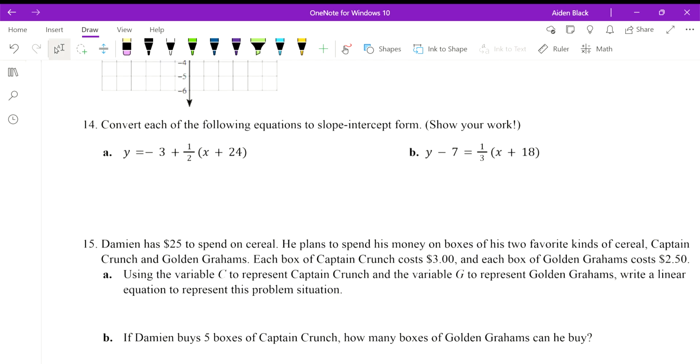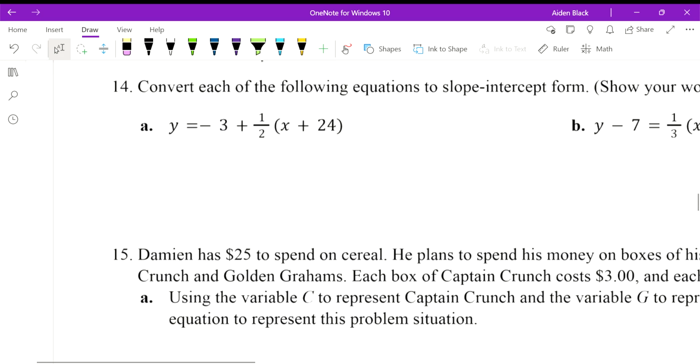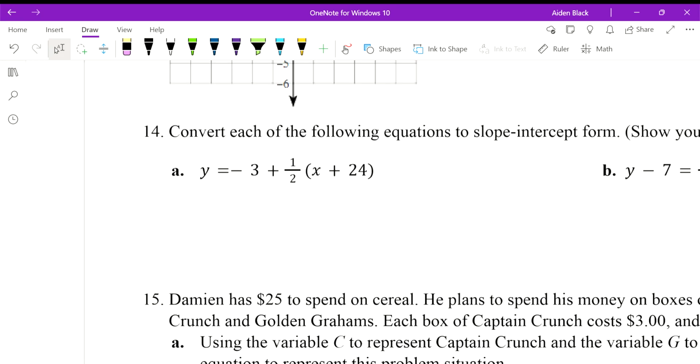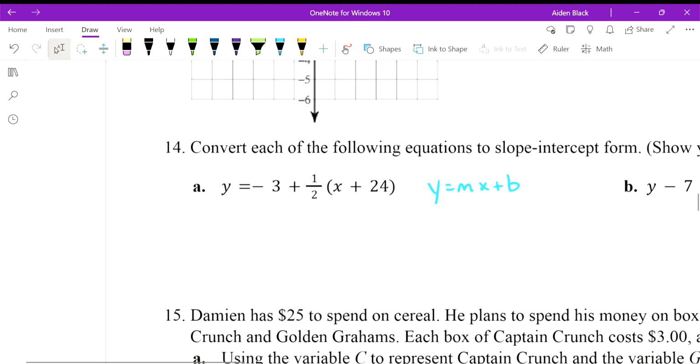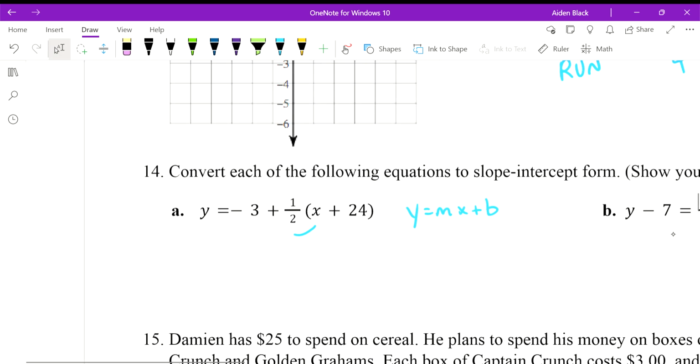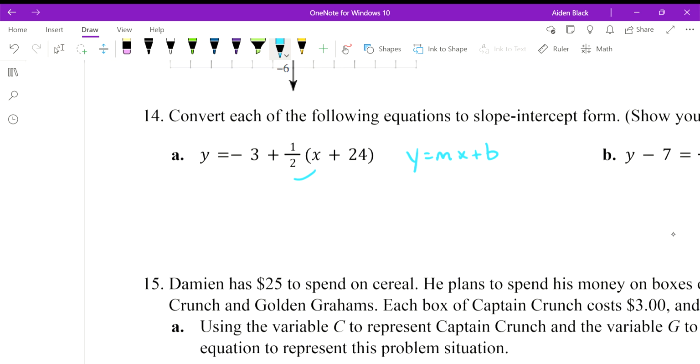Convert each of the following equations into slope-intercept form. So what that means is we need it to look like y equals mx plus b. So first things first, let's distribute this 1/2 to our x.